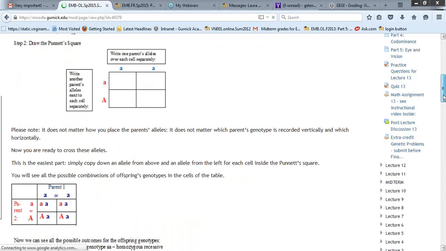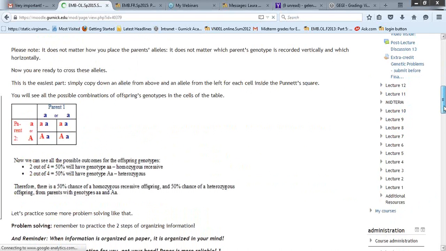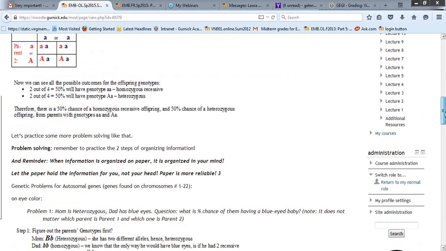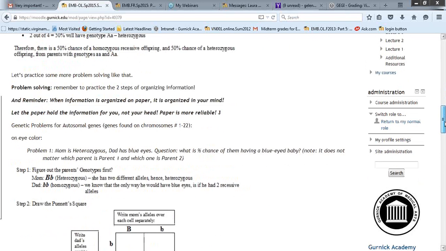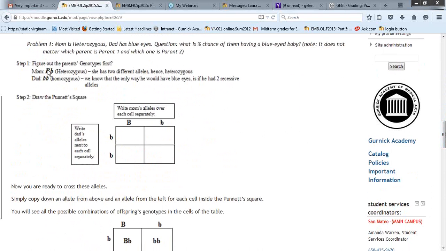Okay, so we are going to try to do it with the eye colors. Over here you have some examples with alleles little a, big A, but let's just go ahead and do that with eye color. So for example, here you have a mom.